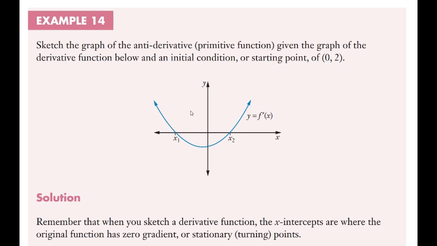Got it? And by the way, it also went through the point (0, 2). Then on the other side, until x2 it was negative, that is, I'm going in the negative trend line. Then at x2 it became positive, right?